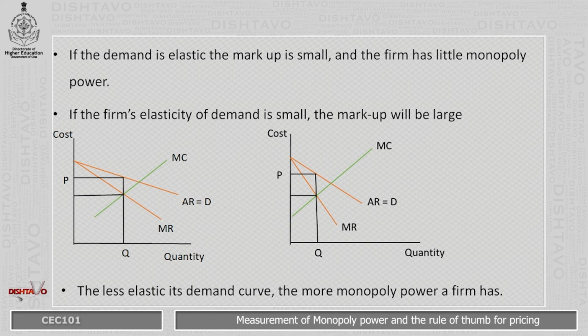The markup here is nothing but the difference between the price and the marginal cost of a monopolist in the market. So, to conclude, if the monopolist's demand is elastic, the monopoly power is small in the market. But if the monopolist's demand is inelastic, the power of monopoly is large. So the slope of the demand curve tells us the elasticity, which in turn tells us the monopoly power in the market.